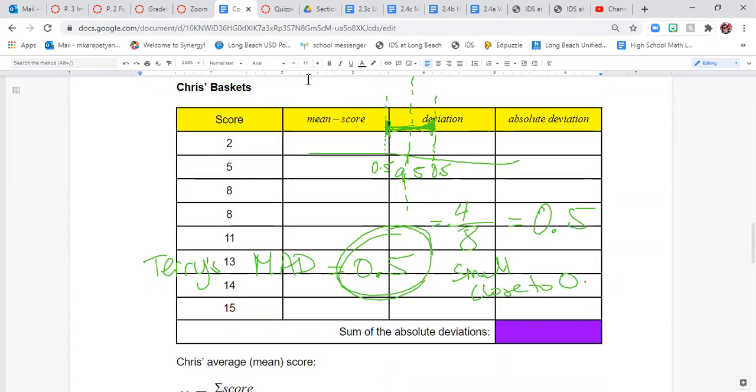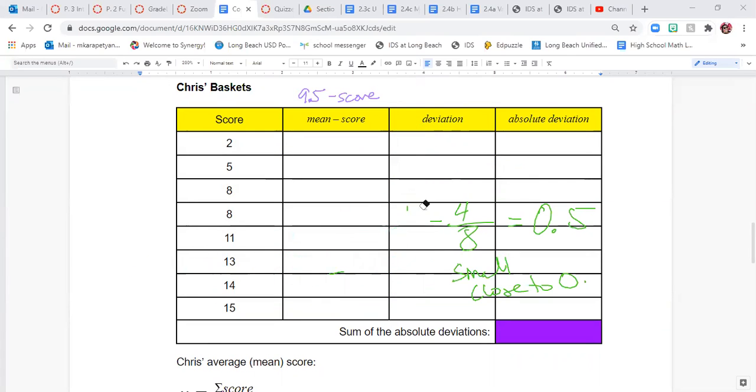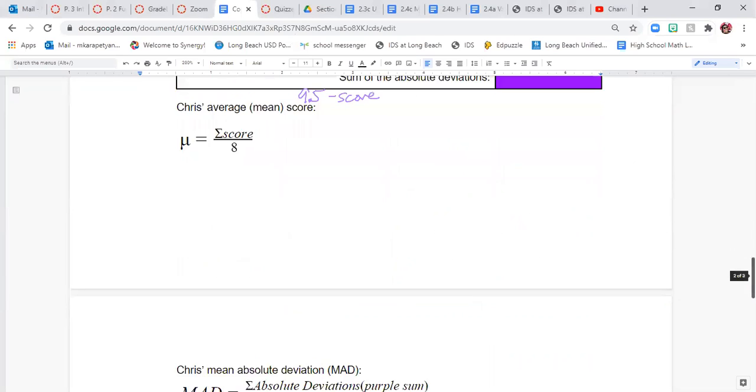Remember that Chris and Terry had the same mean, 9.5. So this is 9.5 minus each score. Follow our table and the guides here, and then answer the 2 questions at the end.